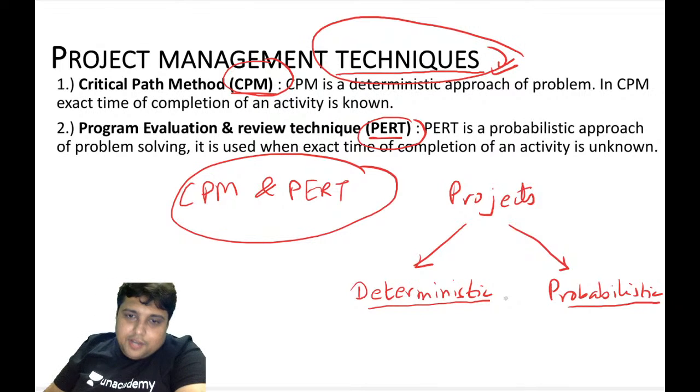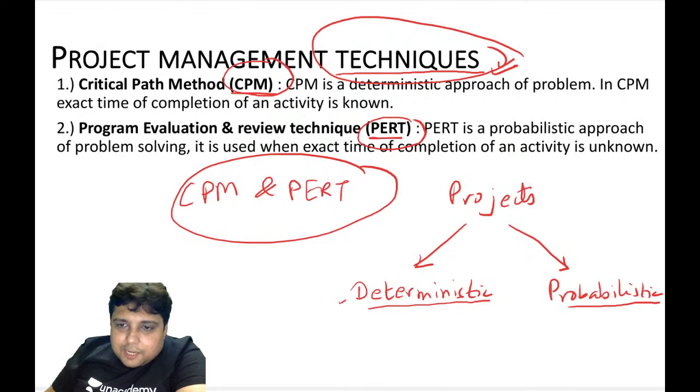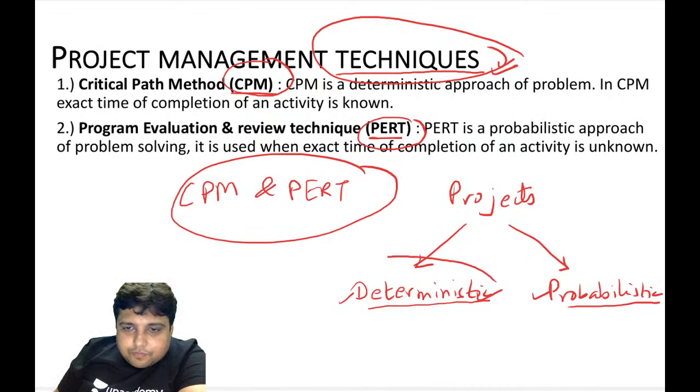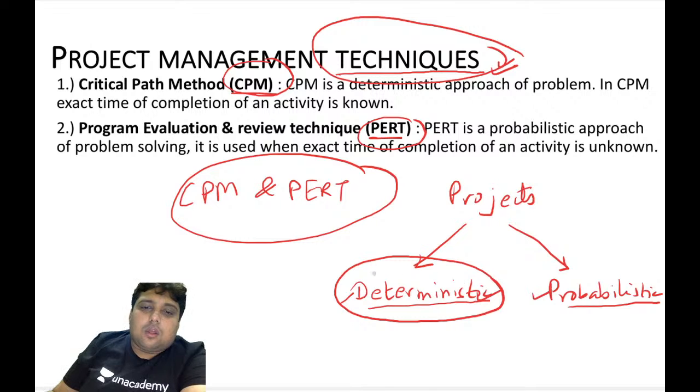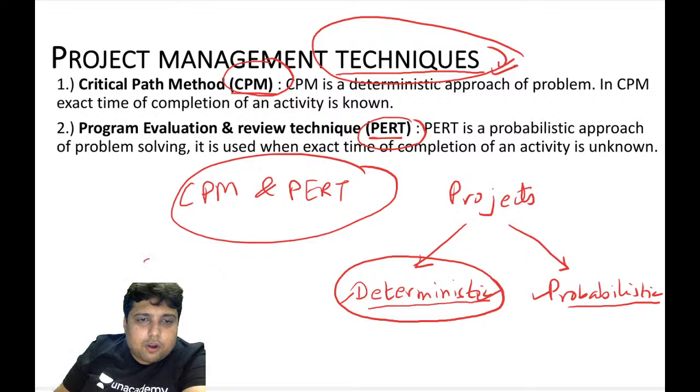Now, deterministic project, probabilistic project. What do you mean by these two terms? Let's clarify this. Suppose you want to get an ordinary 3 BHK home constructed.